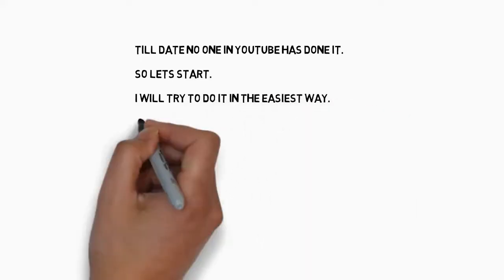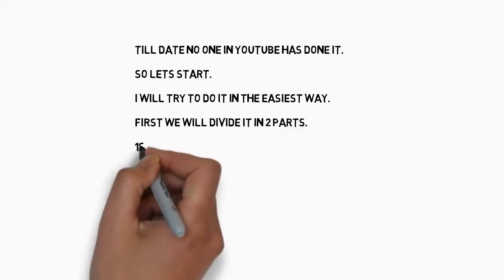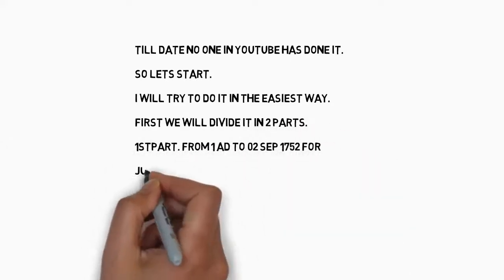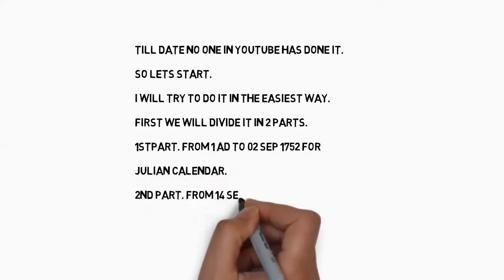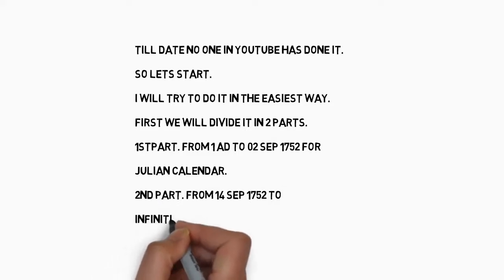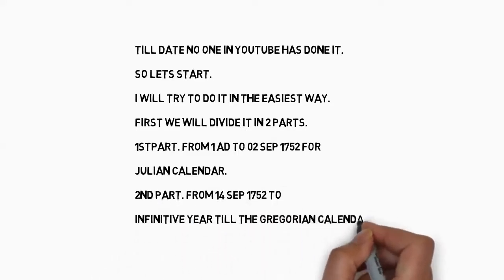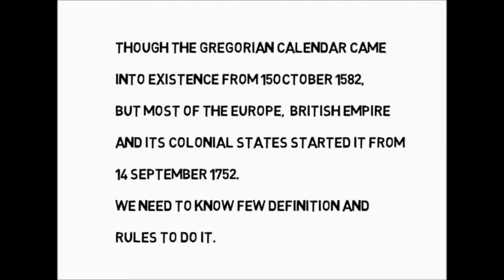First we will divide it in two parts. First part is from 1 AD till the 2nd of September 1752 for the Julian calendar. And the second part is from the 14th of September 1752 to infinite date, till the Gregorian calendar exists. Only two almost similar processes can solve all the problems of the calendar.